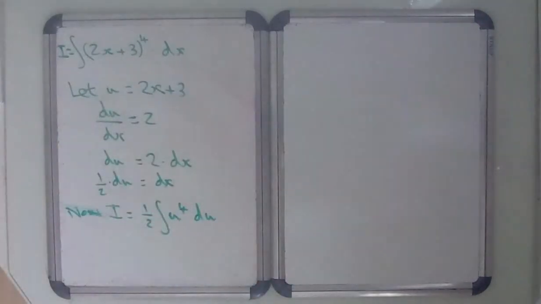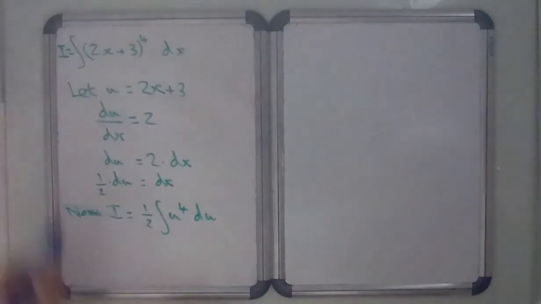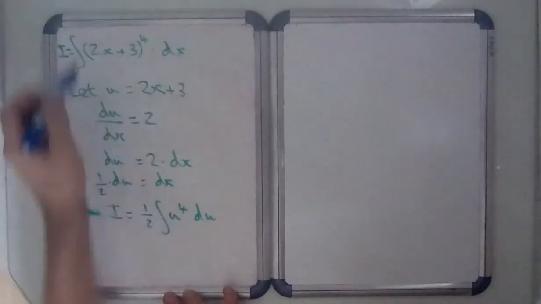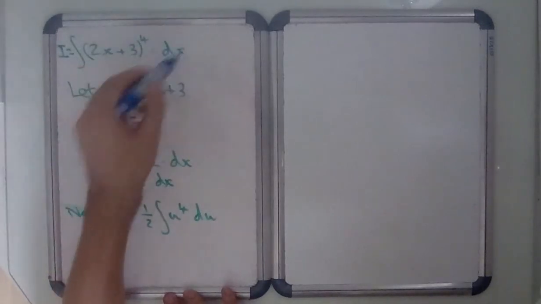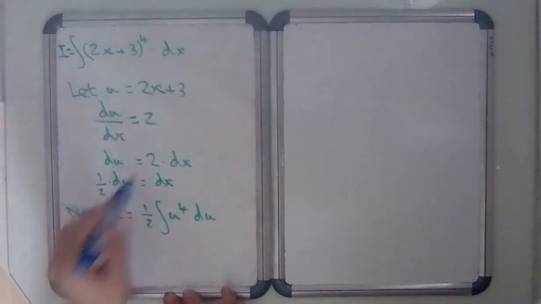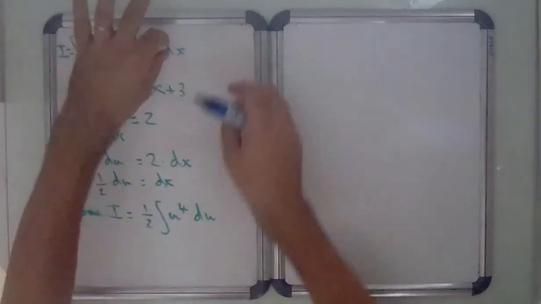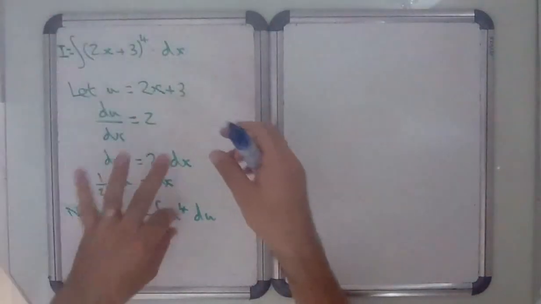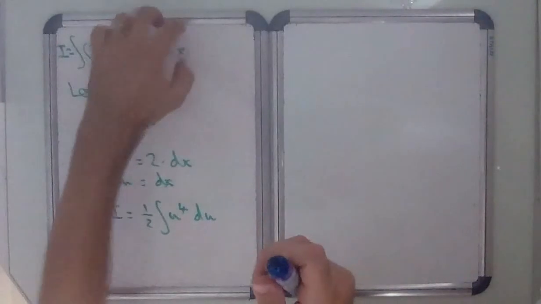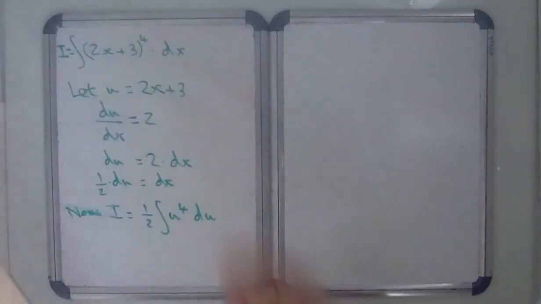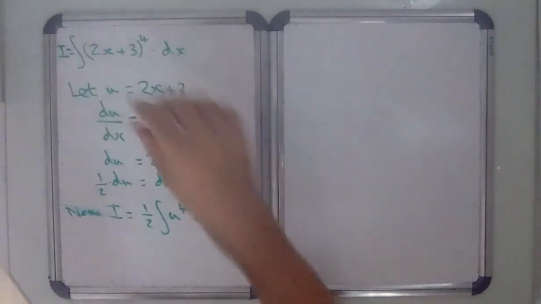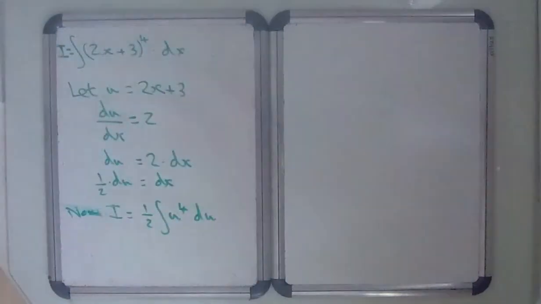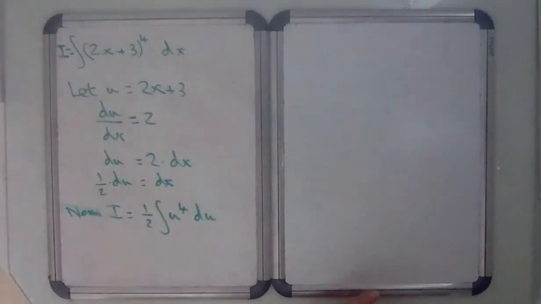Now, what's happened here, the u to the 4 bit should be fairly obvious because u is 2x + 3. We knew dx was half du, so we've pulled the half out as a constant and changed the dx to du. We could have written times a half du there, but I've just pulled it out at the start, because it's a constant and constants can always come out of integrals.